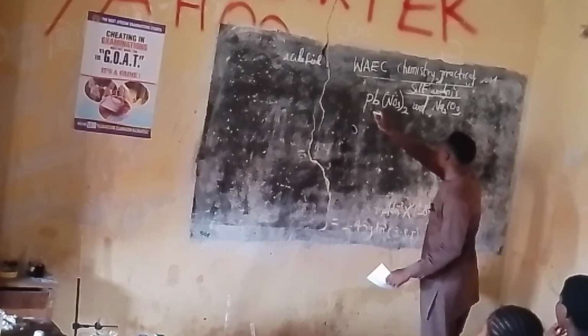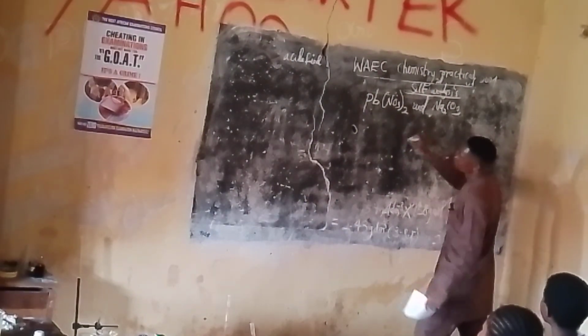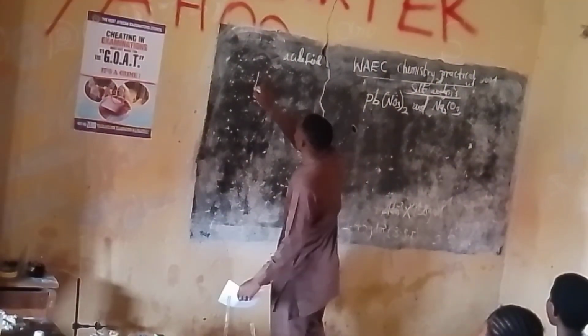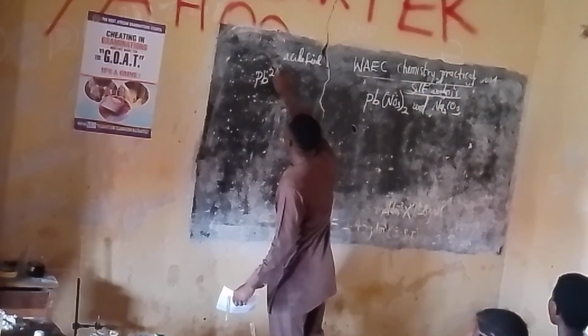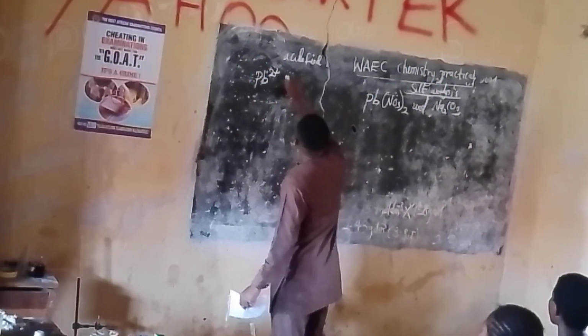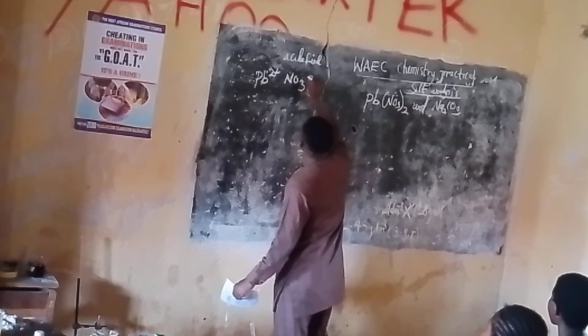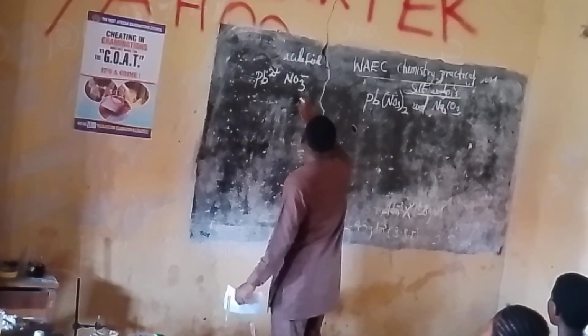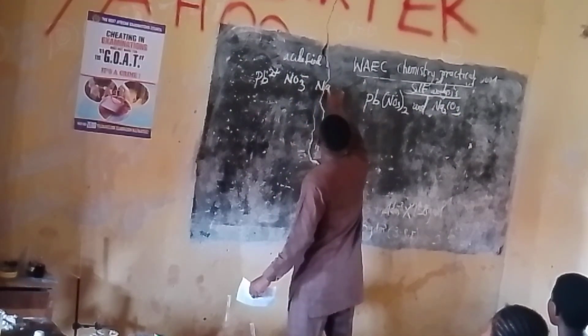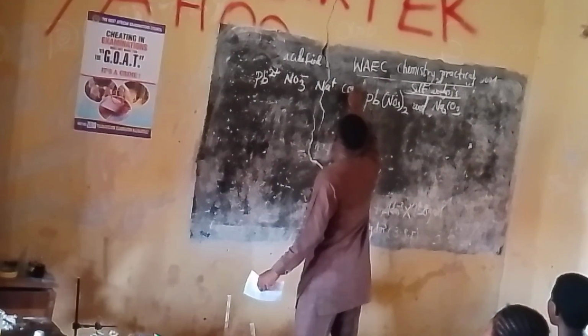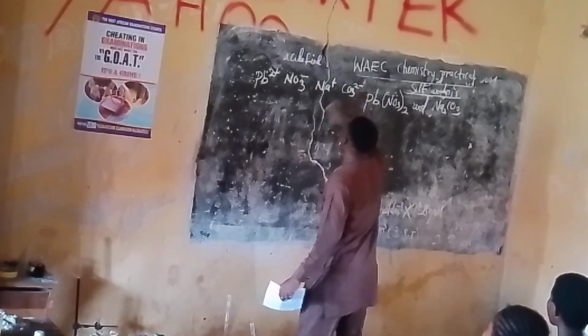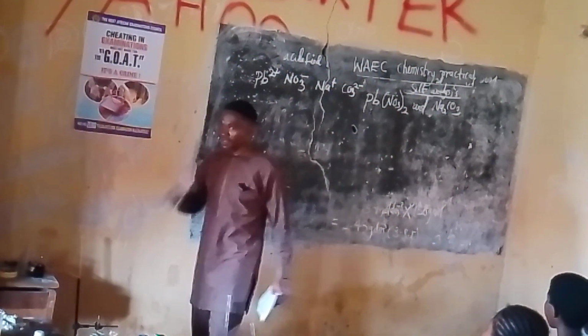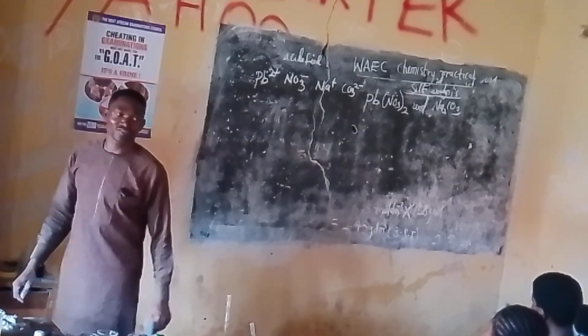The ions here, there are 4 ions altogether. We have the lead(II) ion, the NO3 minus ion, the sodium ion, and CO3 2 minus. These are the ions.